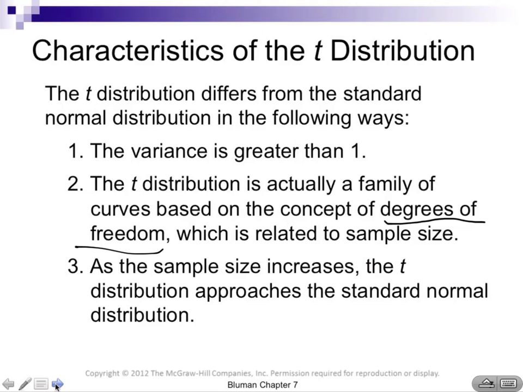It's not difficult, but that's on the table when we look this up. As the sample size increases, the t distribution gets closer and closer to the standard normal distribution. So the smaller the sample size, the more it's not exactly like the standard normal distribution.